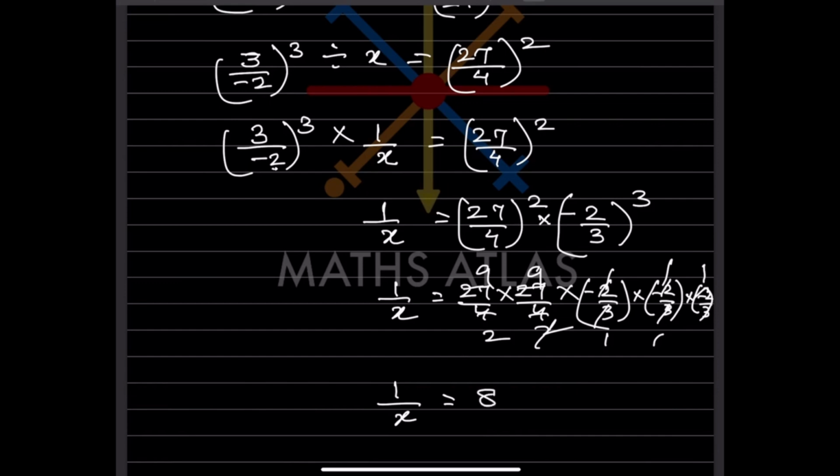So this will be 81 divided by the numerator, which is going to be this 2 and this 3, which is 6.